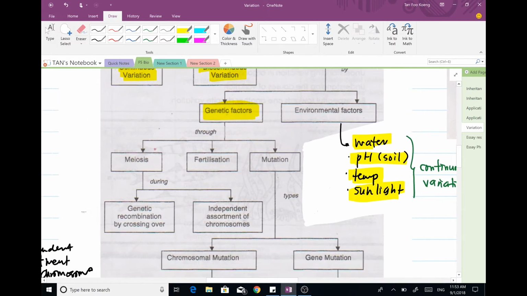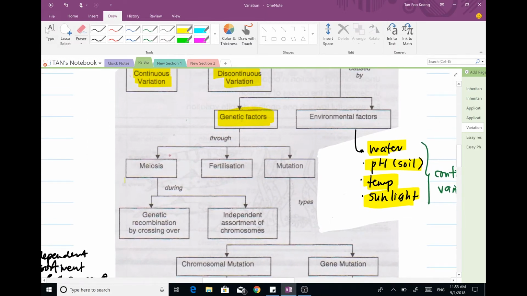Now, we know that meiosis is a source of genetic variation because you have crossing over. During crossing over, the exchange of genetic segments between non-sister chromatids gives you a variety of combinations of genes in gametes.